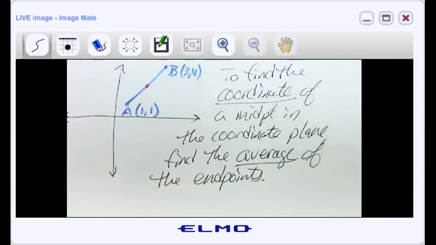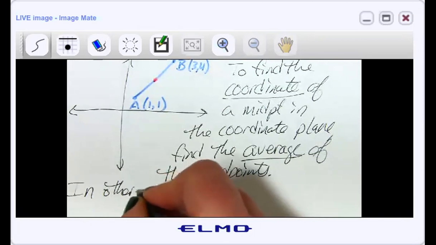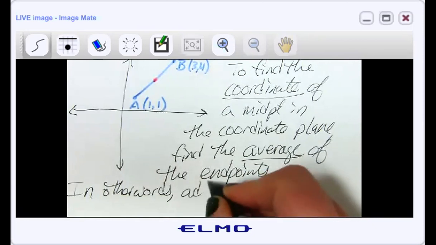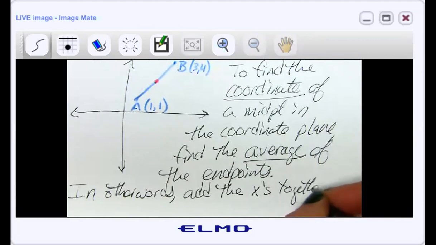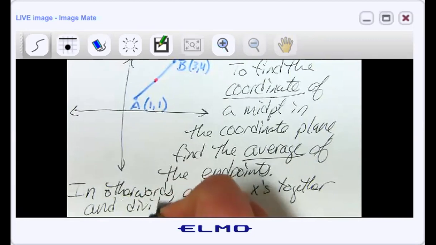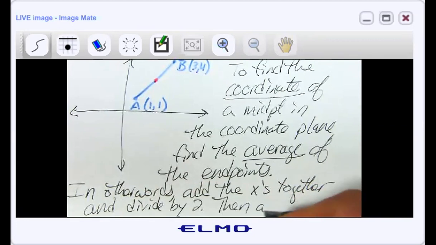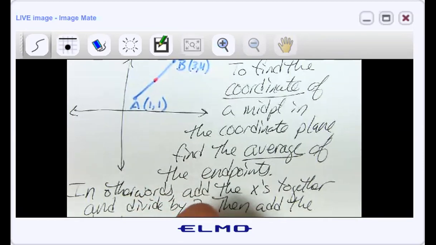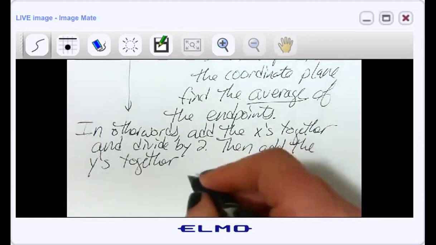Okay, so let's put this in words. In other words, add the x's together and divide by 2. Then add the y's together and divide by 2.